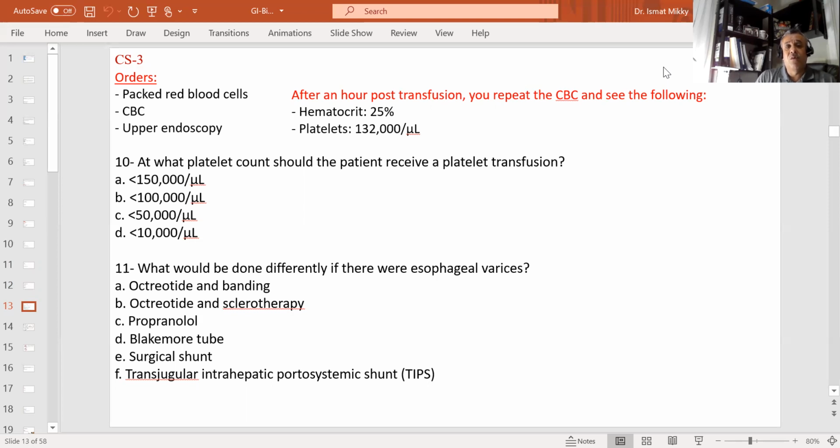Question number 10, at what platelet count should the patient receive platelet transfusion? Answer is C, which is less than 50,000. Platelets will be administered when the level drops below 50,000, when patients are bleeding or going for surgery.